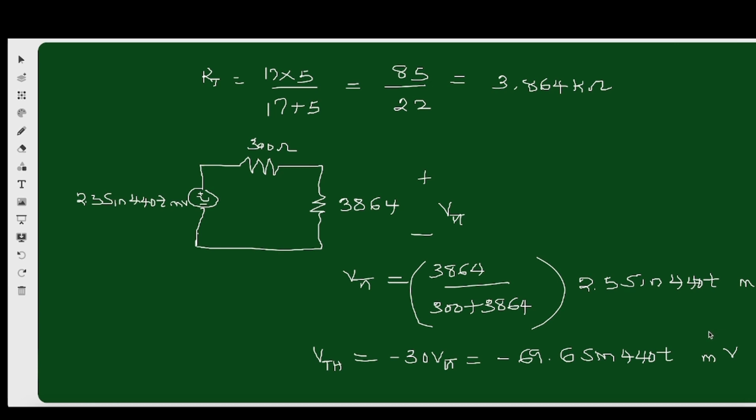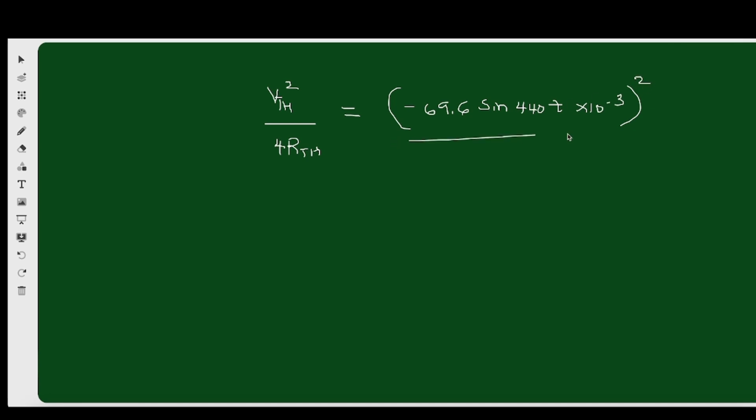So therefore, we can now get the maximum power. So the maximum power will be given by VTH squared over 4RTH. Remember how we got this. So if you divide that, that is minus 69.6 sine 440 t, of course milli, that's times 10 to the minus 3, everything squared, over 4 times 1000.